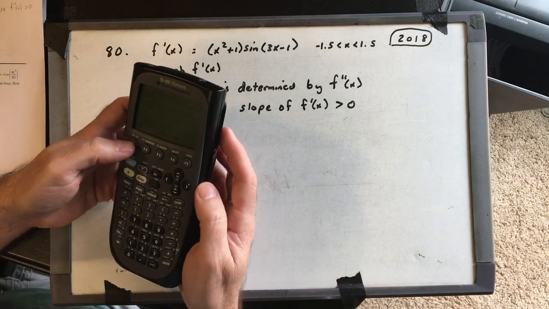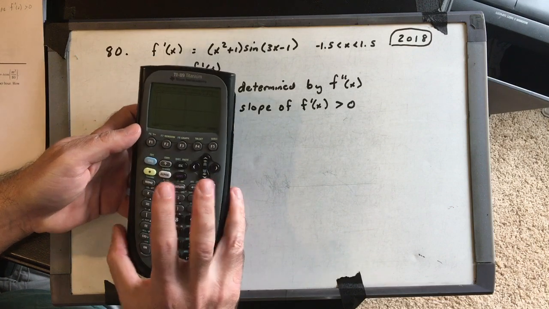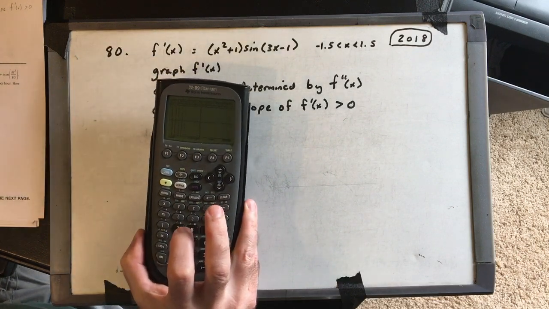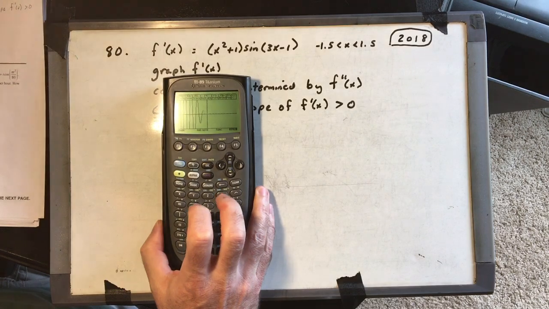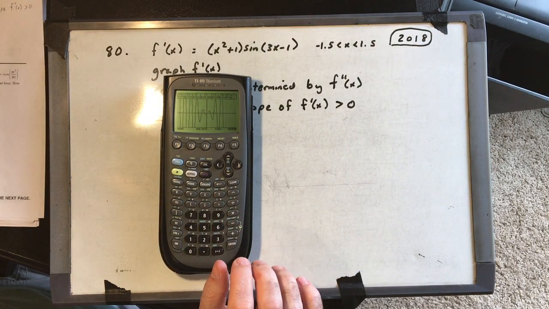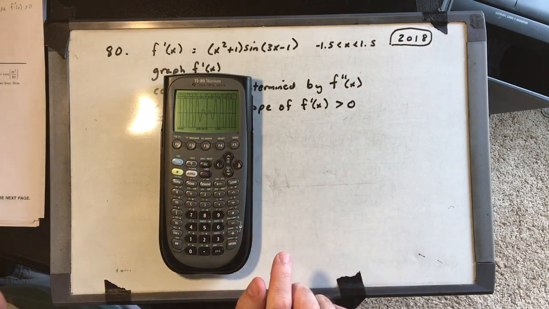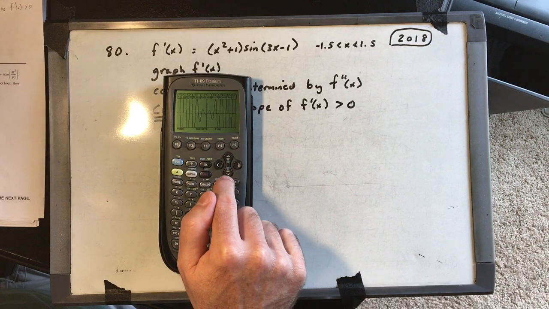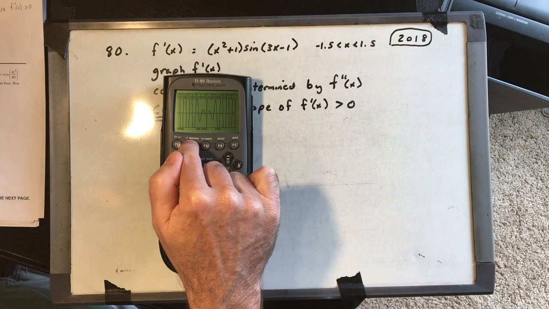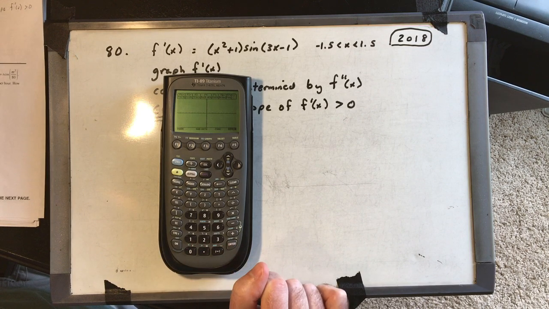And we'll go to F2 and zoom standard. All right, I don't know if you can see that or not. Okay, so we're only talking about this middle section of the graph. So let's zoom in on that, F2, 2 for zoom in, and we'll do it right in the center. You can do this along with me.